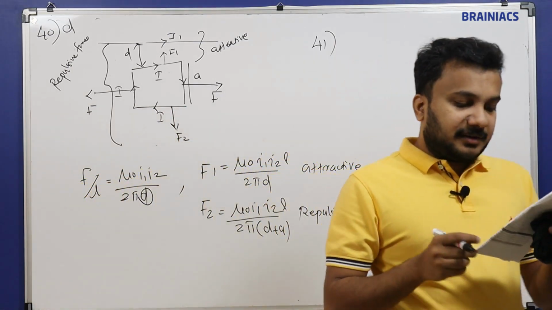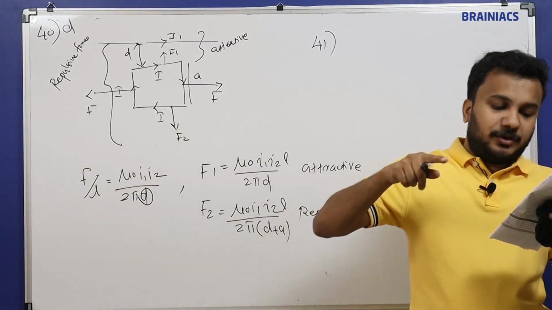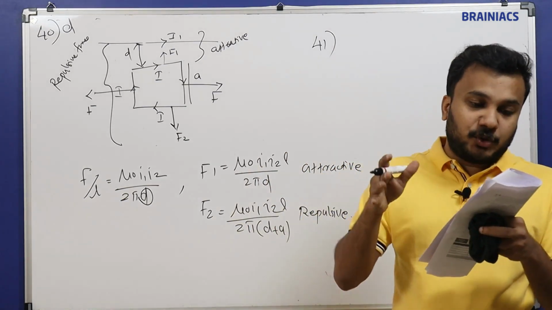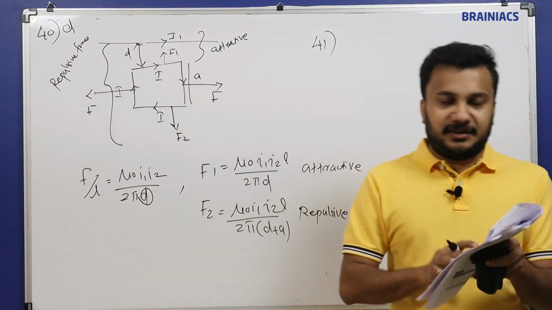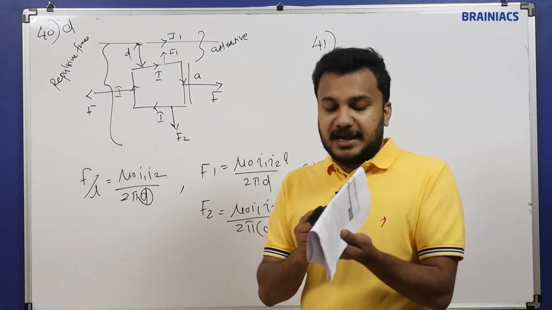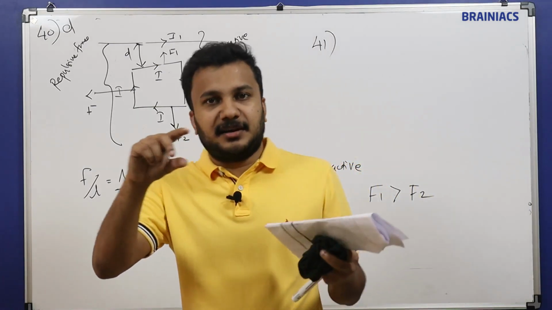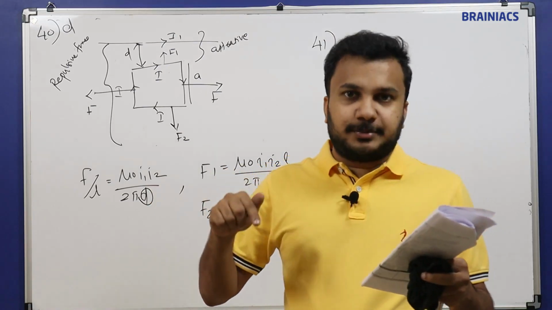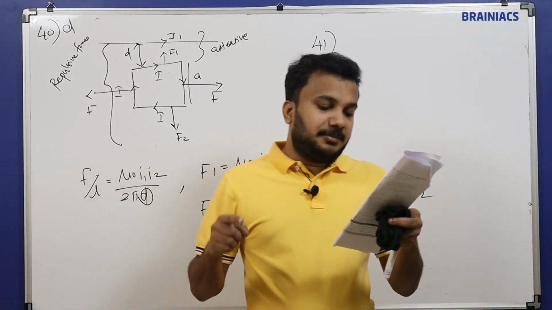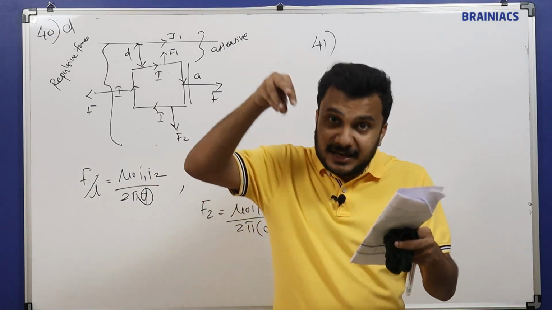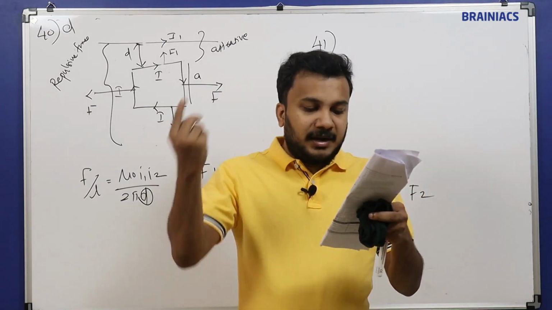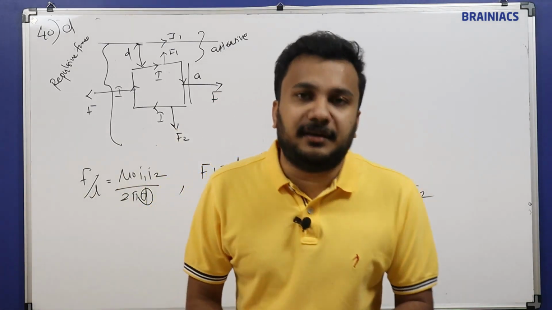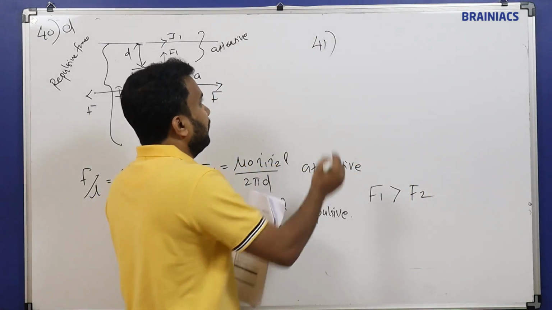F1 is the magnetic force on the inner solenoid due to the outer one, and F2 is the magnetic force on the outer solenoid due to the inner one. Two coaxial solenoids means they share one axis. One solenoid is smaller, another one is bigger. Then the answer is quite simple.